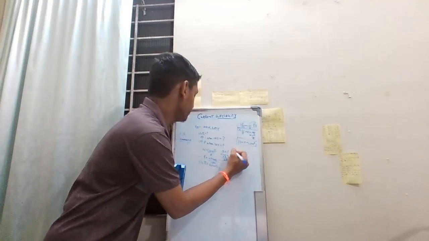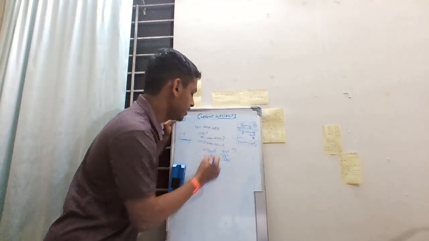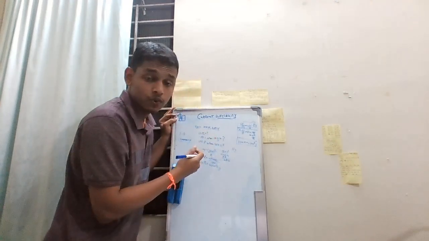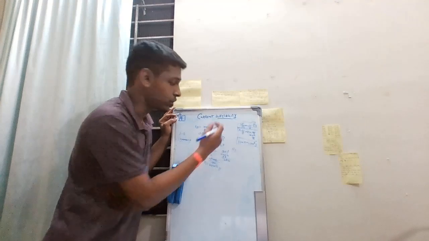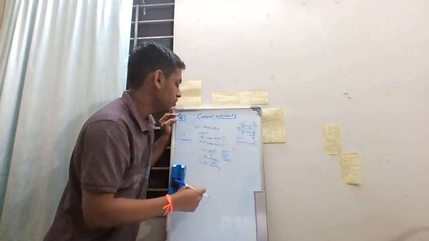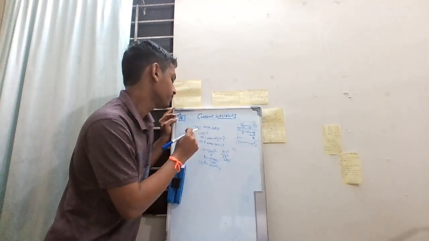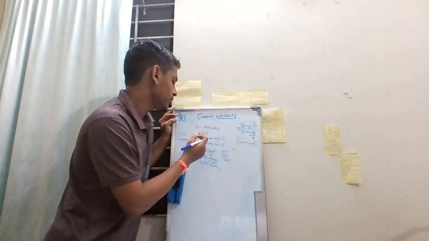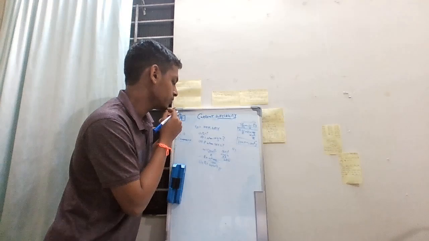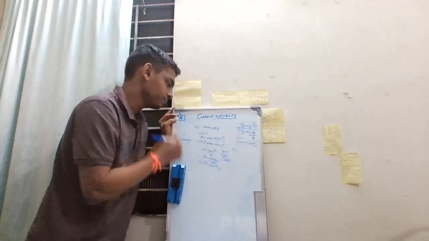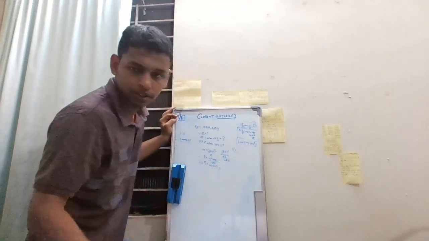Then we have I when we are given 110 volts as potential. Then what do we need to find? We have voltage, so we have to just find current.